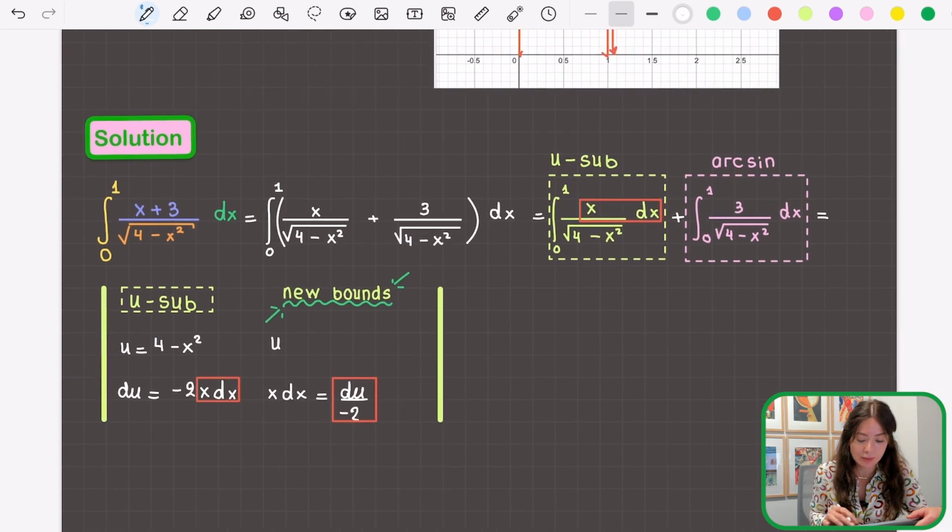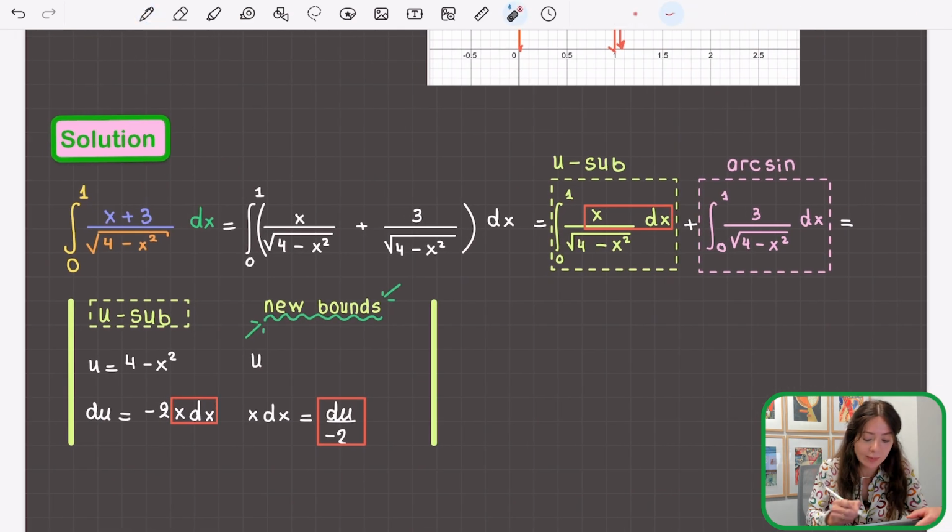Why am I going to do that? Because I don't want to go back to this variable, because dealing with square root of u is easier than dealing with this whole expression under the square root. Usually when you don't have a definite interval, you have to go back to the original variable that the problem had. But in this case, my answer is not going to have a variable in it.